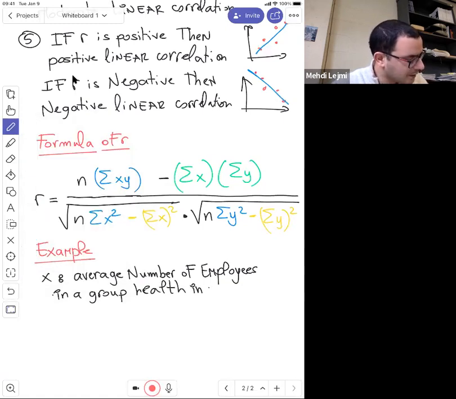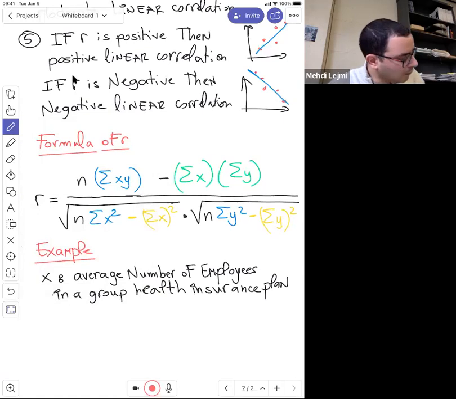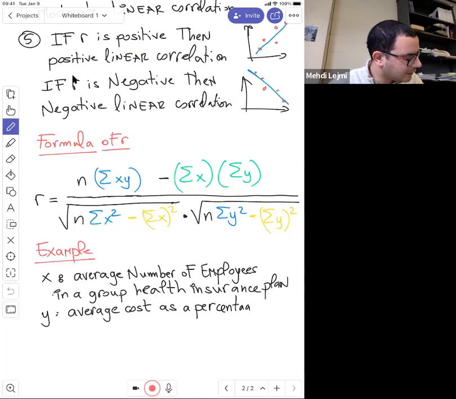That's your x. And then y is supposed to represent the average cost as a percentage of claims.